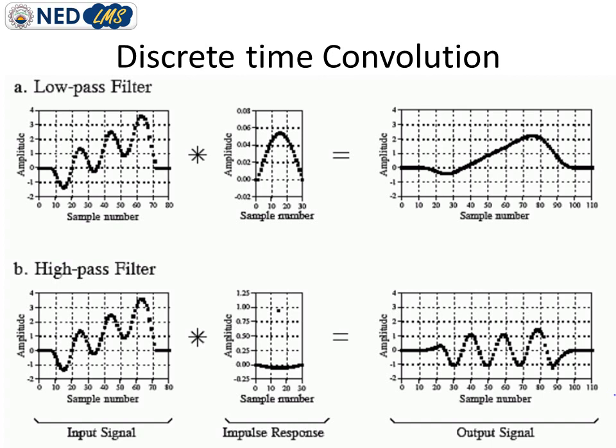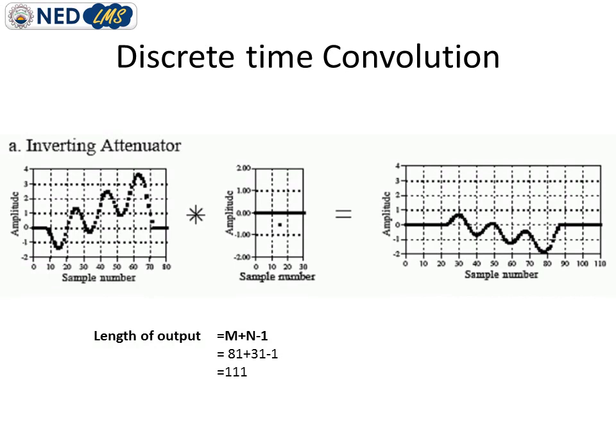So you can imagine how we have used convolution in this example of filtering. Here we have another example in which we have used the same input signal, but the system is changed. It means the impulse response of the system is changed, and if we convolve these two signals, we will obtain the output.